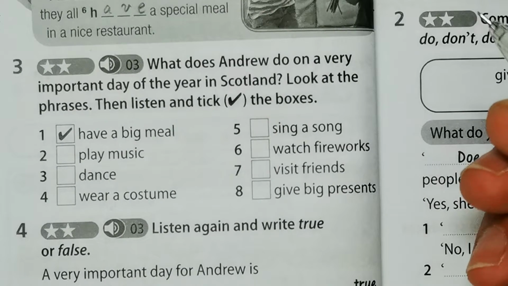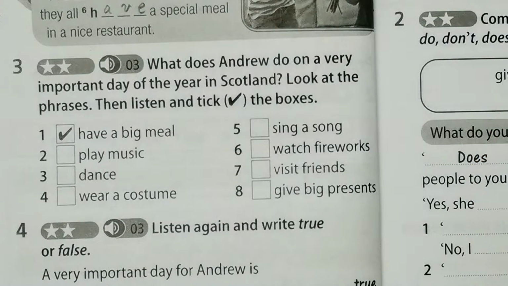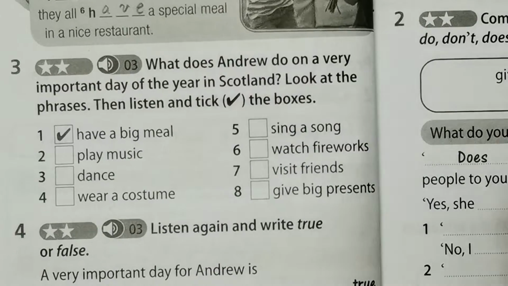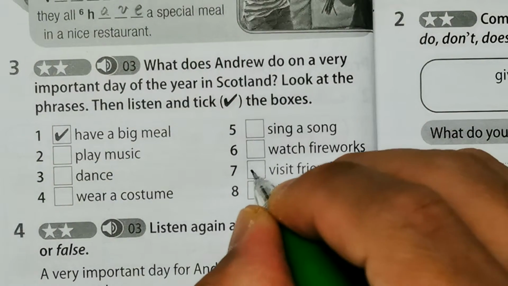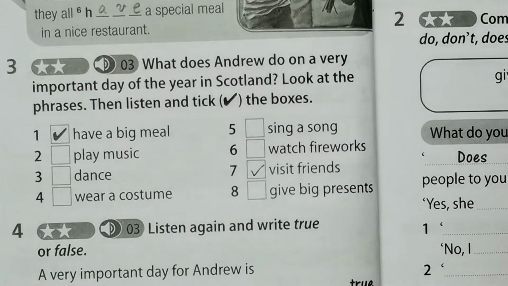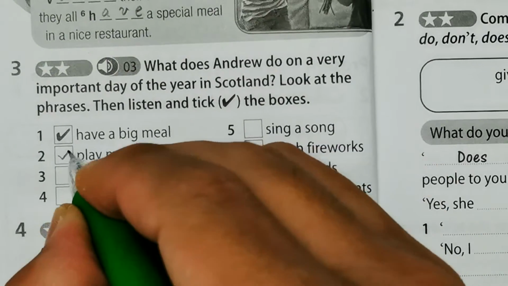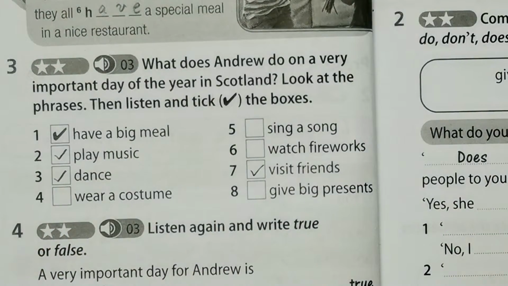Here in Scotland, it's very important. And what do you do? A lot of different things, really. We usually start early. We invite friends and family to our home, and we all have a big meal at around 7 p.m. After that, we play music and dance. Old Scottish dances. They're often very fast.